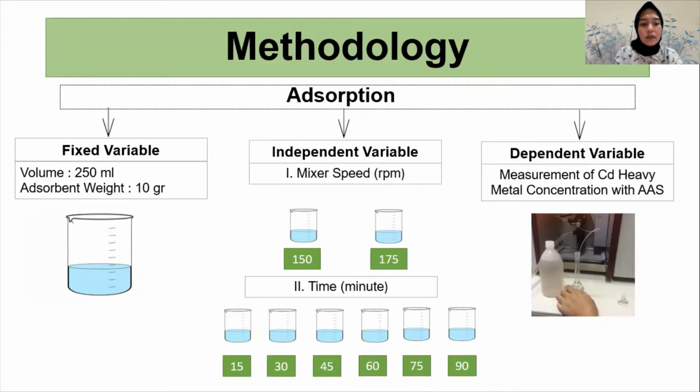The independent variables were stirring speeds of 150 and 175 RPM and times of 15, 30, 45, 60, 75, and 90 minutes, and the measured variable is the heavy metal concentration of Cd with AAS.